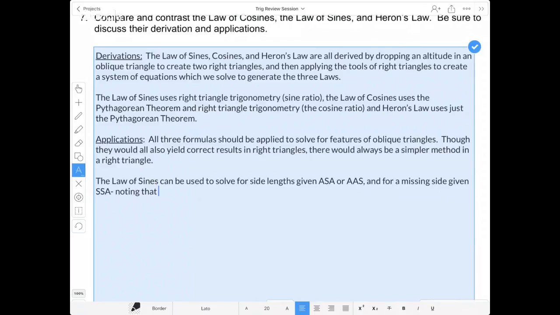Noting that side, side, angle may be an ambiguous case.